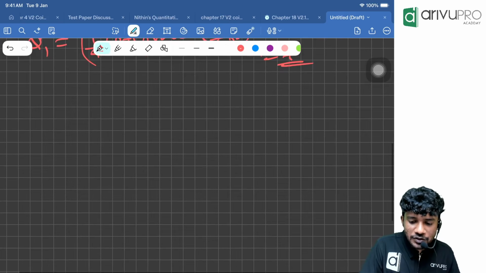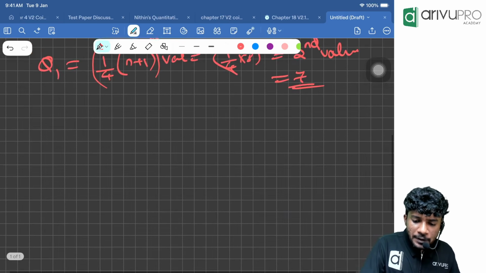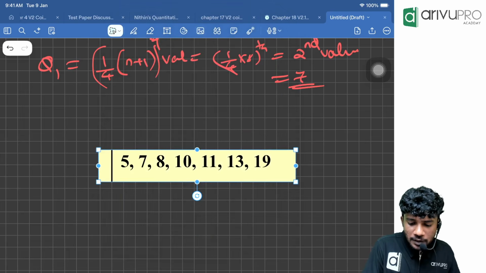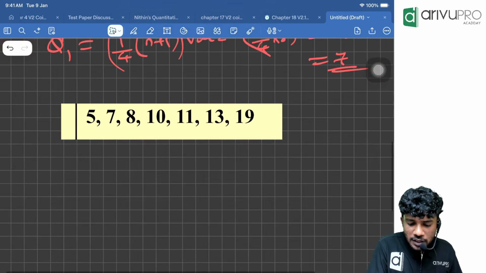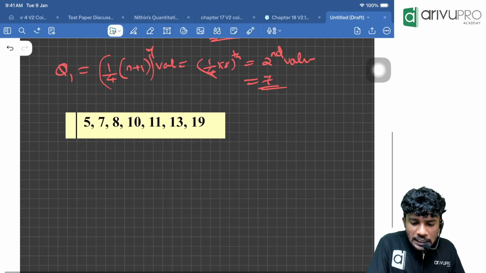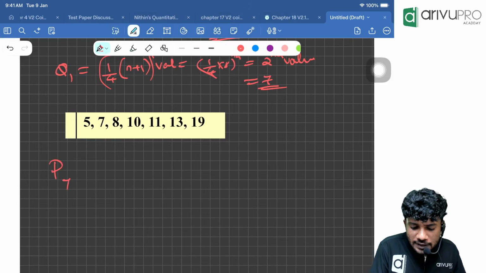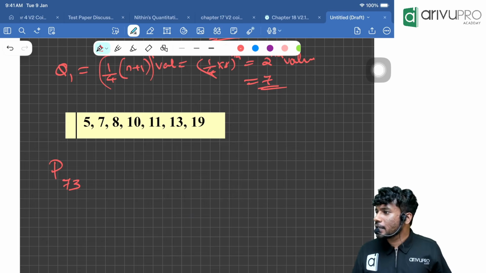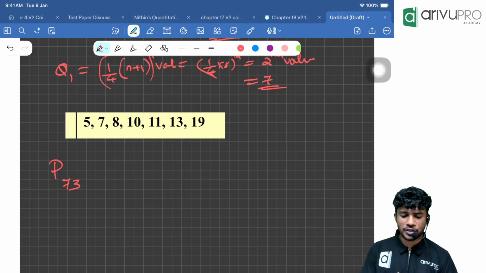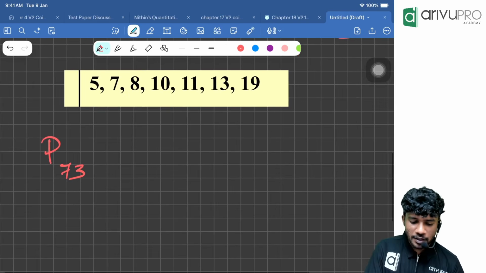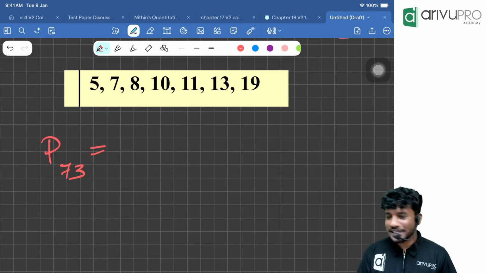Then, next set. People, for the same question, you should find me percentile 73. Now, randomly I am putting a question. There is no question number. This is the question. Okay. Percentile 73.